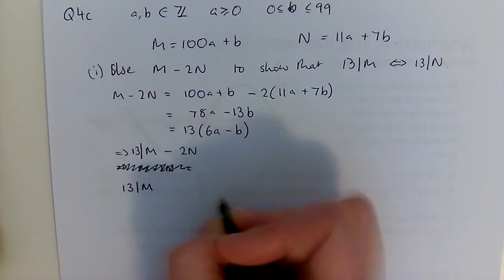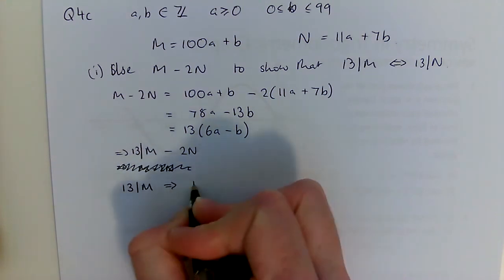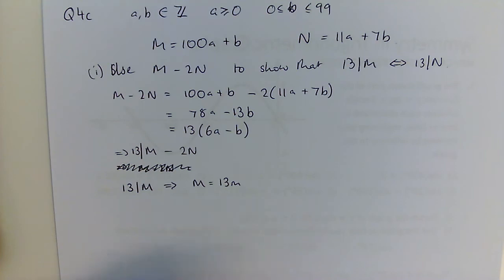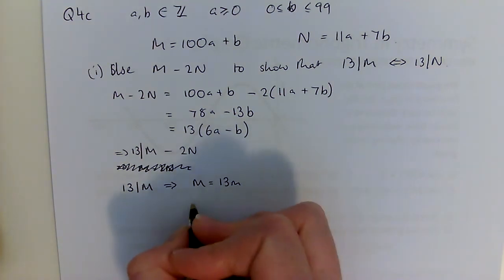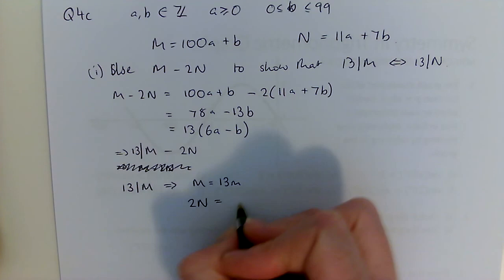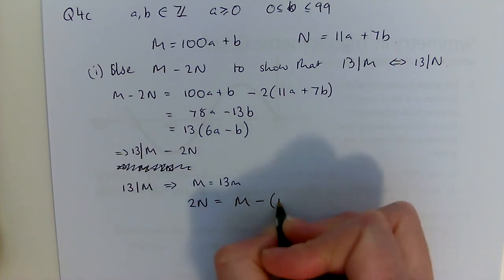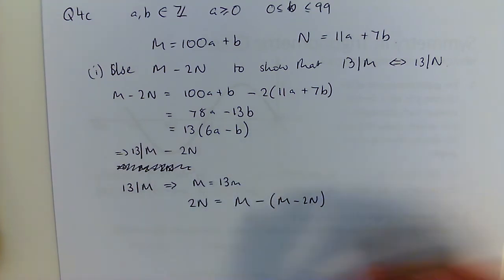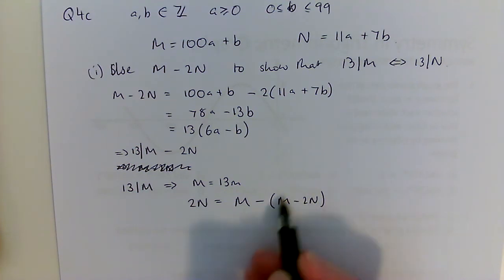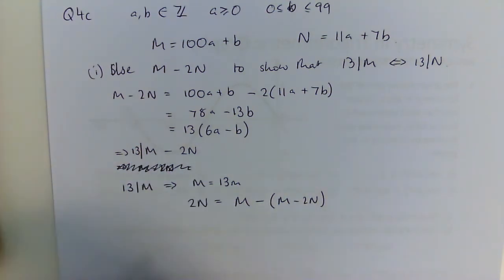Okay, so let's just say if 13 divides into m, then m is equal to 13 little m. Okay, and if we want, let's go with 2n, because we've got a 2n here, that would be the same as m take away m minus 2n. So I've used m that we know that 13 goes into, and I'm using m minus 2n that we know 13 goes into.